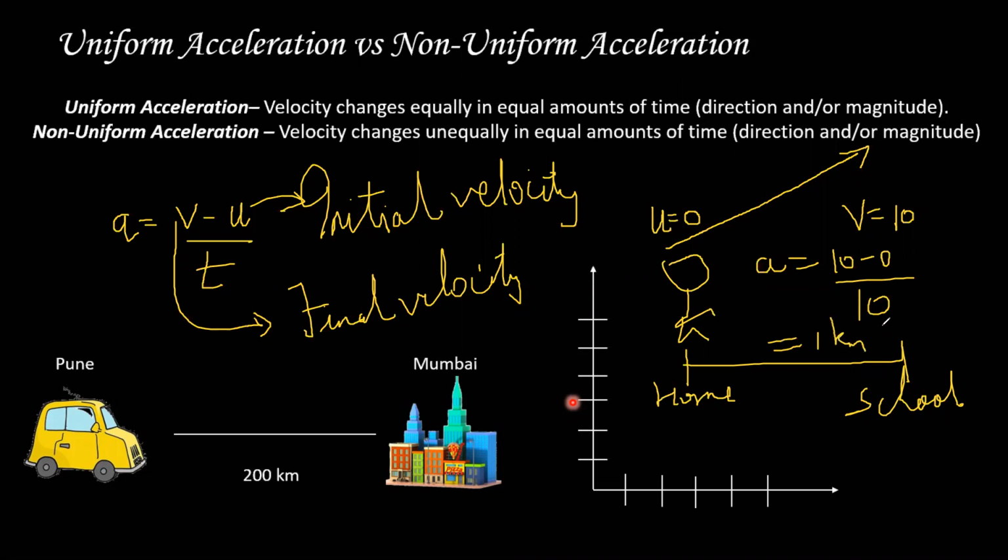Oh my God. This is too much, isn't it? This is in hour. So let's say I did it in 1 hour. So my acceleration will be 10 kilometers per hour. Yeah. So folks, acceleration is nothing but final velocity minus initial velocity. And initial does not necessarily mean that you start from 0.